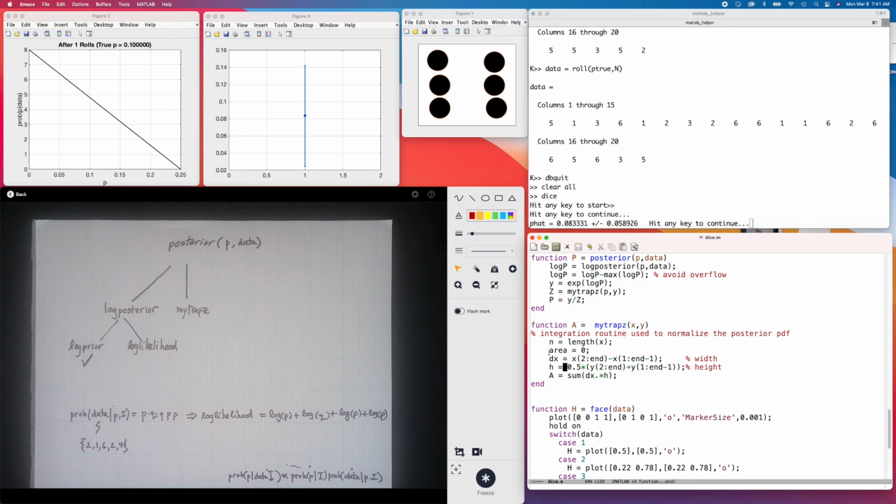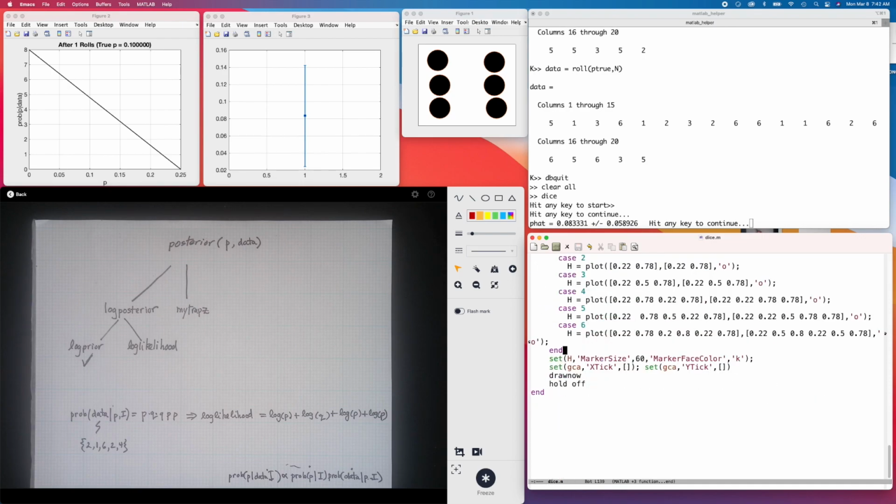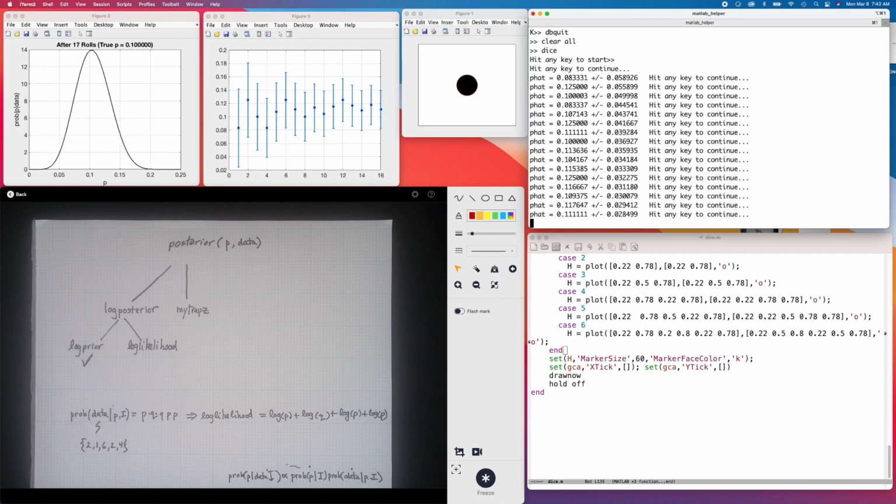You pass in the x and the y, and it computes dx, computes the height using the trapezoid by taking the average of the two edges, sums all the areas and returns the value. And then down here I have a little program that plots the phase values. So it's easy peasy, super simple. Let's keep running it a little bit.